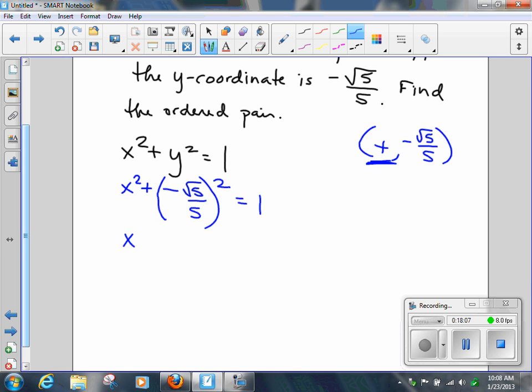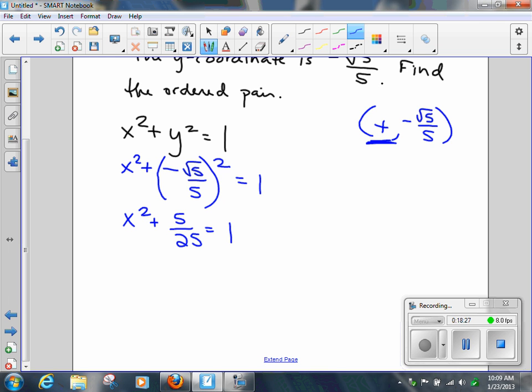So we get x squared plus, what's the root? Square root of 5 squared, plain old 5 over 25. It doesn't matter if it stays like that. That's okay. You can reduce it if you want to. It's going to be 6 in one hand, half dozen in the other.